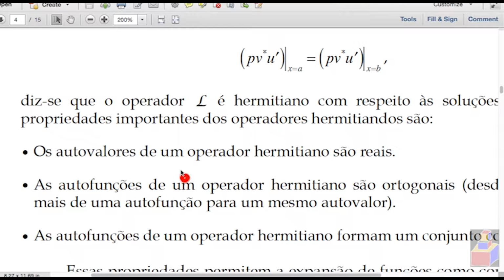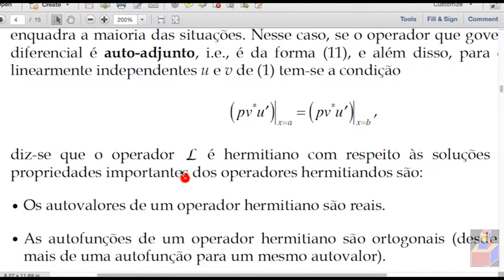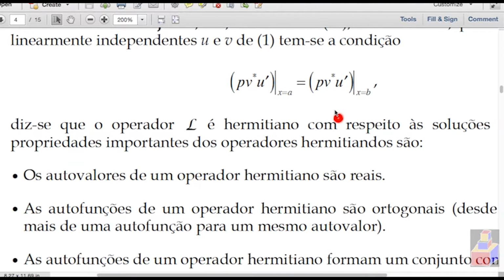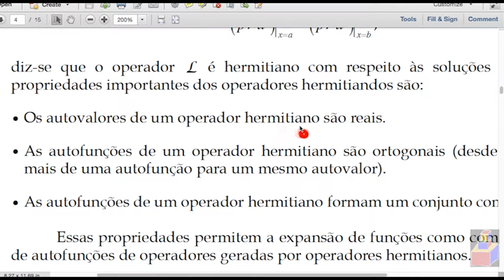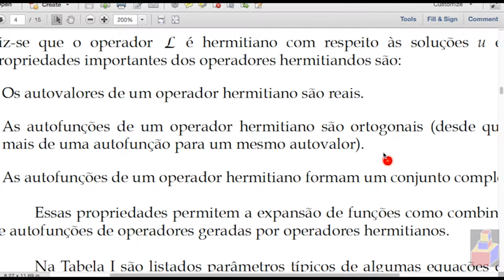So every time you have a Hermitian operator, in other words, self-adjoint and satisfying this type of boundary condition here, there is always going to be a Hermitian operator. First property, all the eigenvalues are real. Second property, the solutions obtained for different eigenvalues are orthogonal functions, in the sense that the dot product in function space between functions associated with different eigenvalues, these are called the eigenfunctions, is always going to be 0.